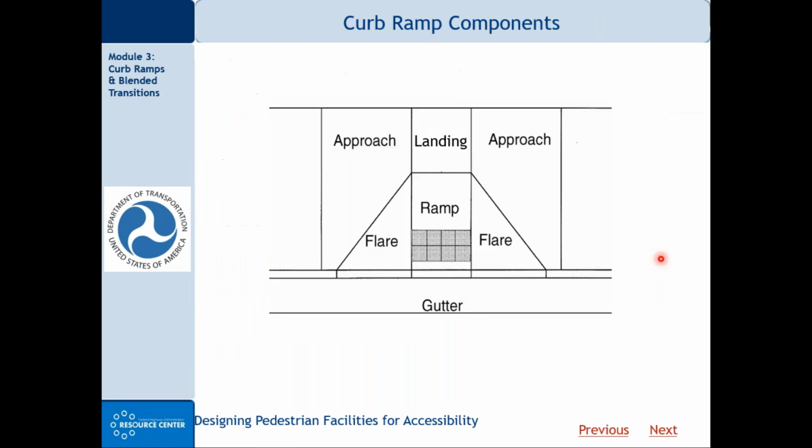Here is a schematic view of a curb ramp. To orient you, the street would be down here running left to right. This is the sidewalk. So pedestrians would be walking left to right, right to left here. In the middle of the drawing is this large rectangle.